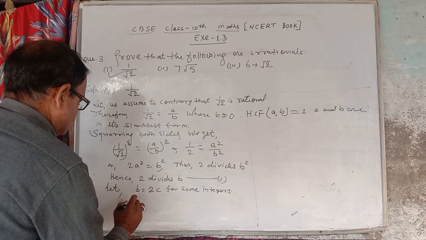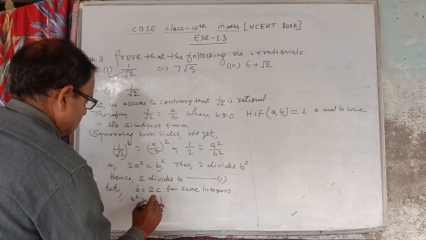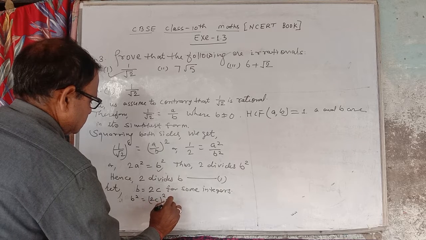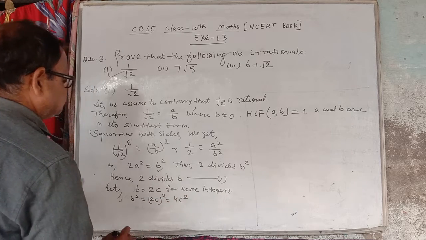Therefore, b square may be written as whole square of 2c, that's equal to 4c square.